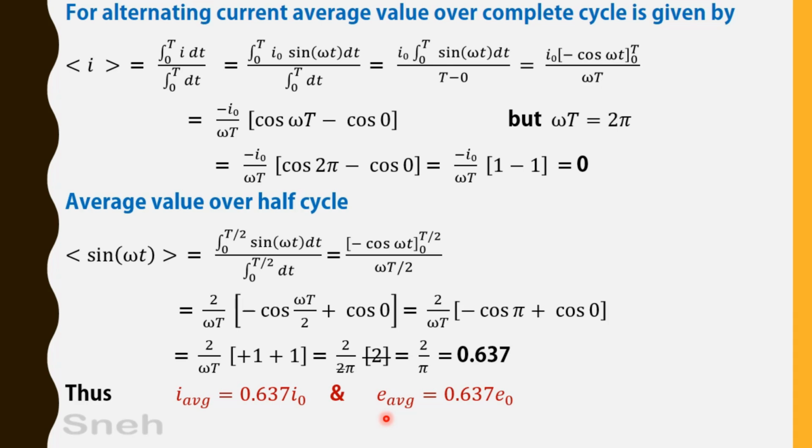The reason is that this is giving me only half cycle. I'm not getting the complete cycle, and these half cycle values are not correct as per the consideration, because I'm not getting the total effect. Due to that, we have to think about some other technique here, and for that we'll find the root mean square.